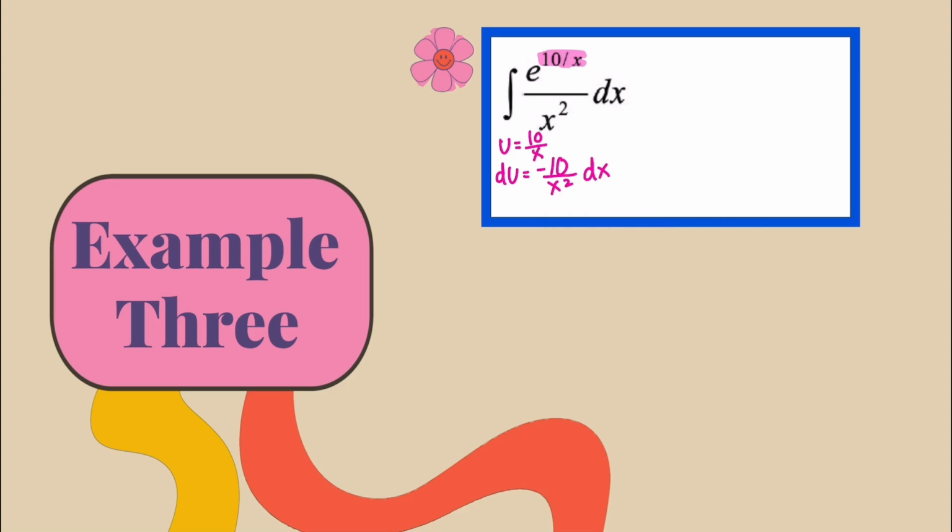We still have to get dx by itself, so we're going to multiply by the reciprocal, which is going to be negative 1 over 10 times du equals 1 over x squared times dx.